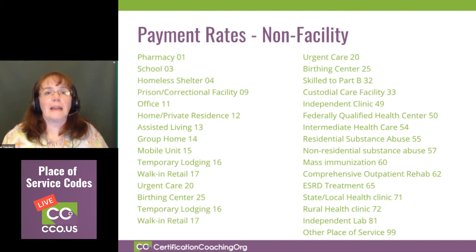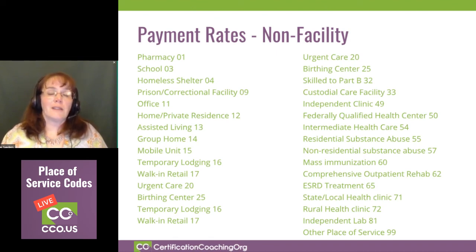Now, if you notice you're getting rates of payment that are not the same as listed on the CMS site or similar, or they come as a different way, double check and make sure how you are listed as a carrier or how you're listed with that carrier as a facility. Are you listed as a facility or a non-facility? If you're urgent care or you're 49, you're that independent clinic, make sure that when you were credentialed with the carrier and all of your information you filled out, you're listed as the proper type of carrier, because that's going to affect your payment.